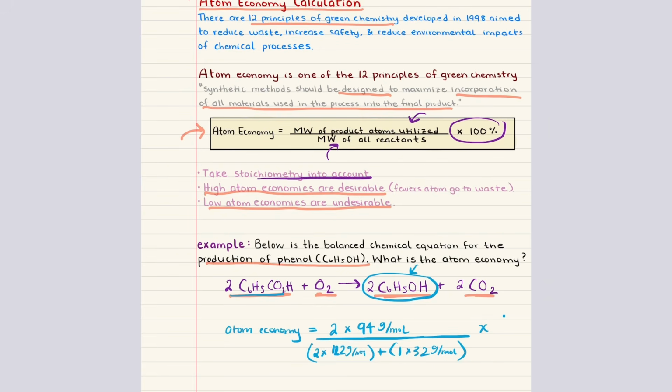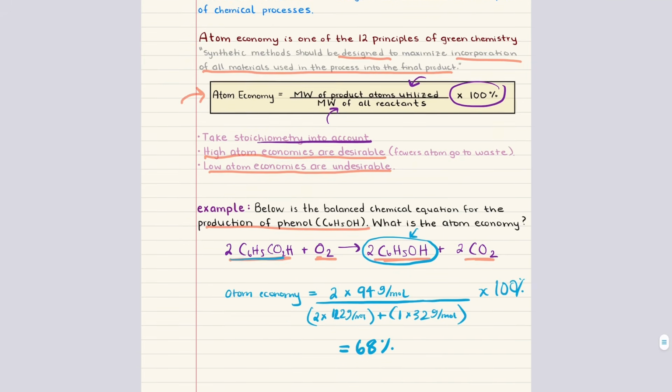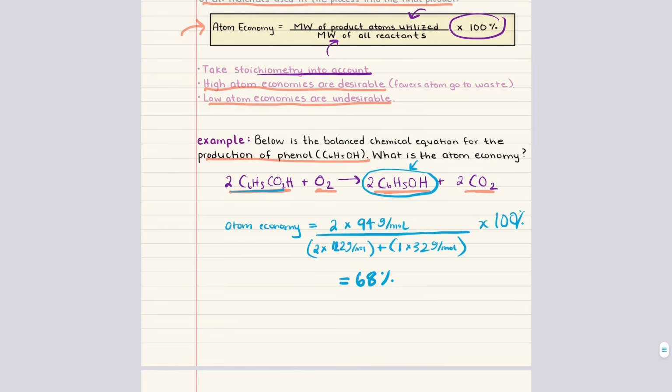When we divide the mass of useful product by the total mass of reactants and multiply by 100%, we get an atom economy of 68%. That means that 68% of the atoms we started with are incorporated into phenol, while the remaining 32% end up in the carbon dioxide waste stream.